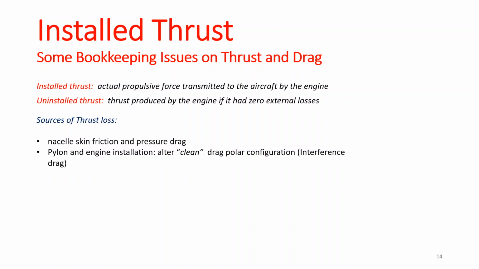What are the different sources of thrust loss? Two of the main ones are the nacelle skin friction and the nacelle pressure drag. The second main part is the pylon and the engine installation, which alters the clean drag polar configuration, which essentially means that it introduces a force acting in the opposite direction to thrust, and that force is called the interference drag.